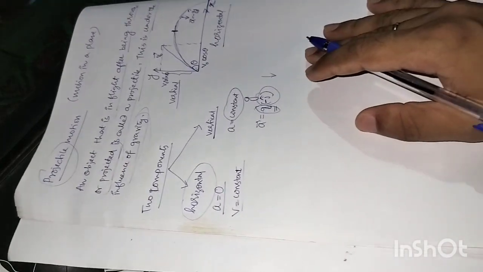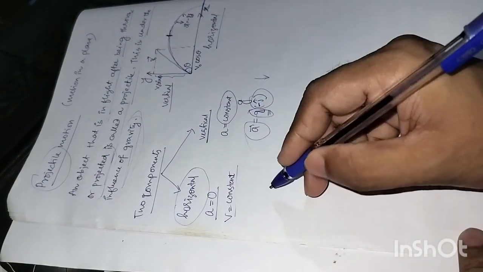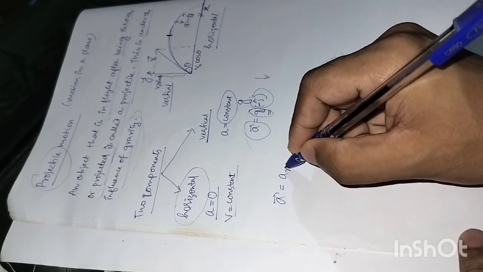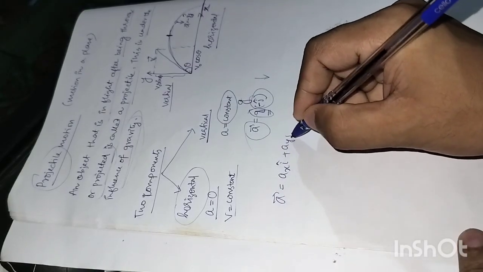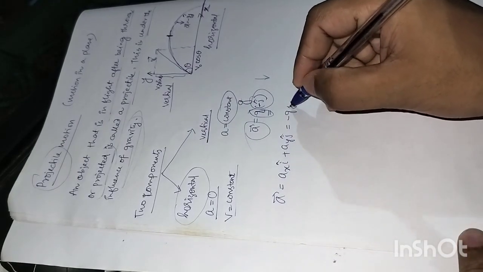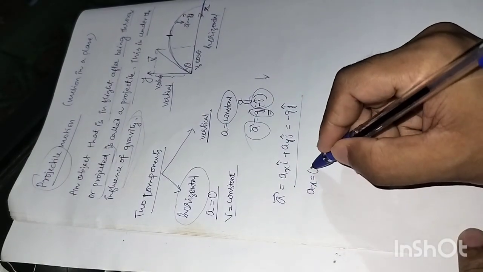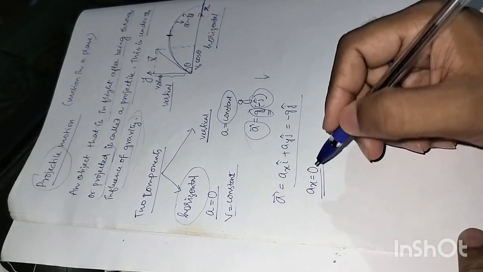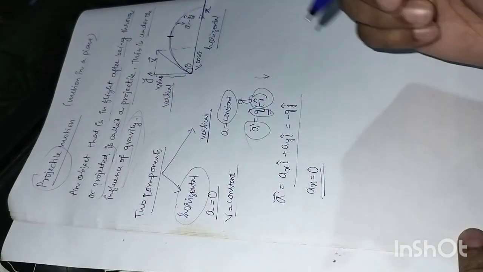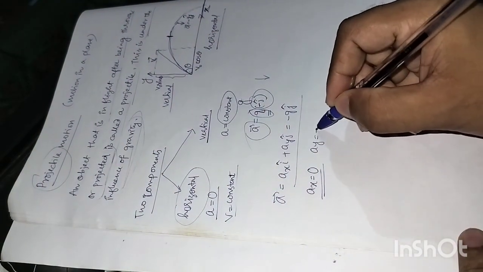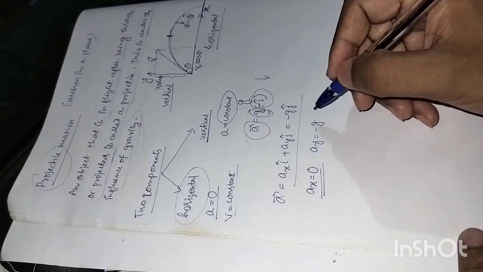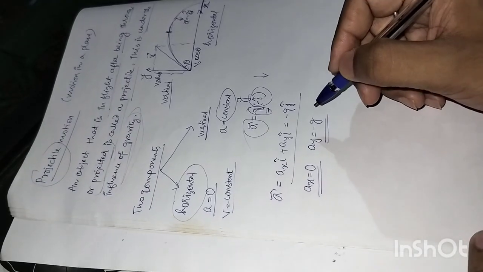Okay, so this acceleration can be resolved into two components like ax i cap plus ay j cap, which further equals minus g j cap. So from this equation the x component of the acceleration will be 0, that is in the horizontal direction, as already considered, and the y component is a constant term, which is nothing but the acceleration due to gravity.